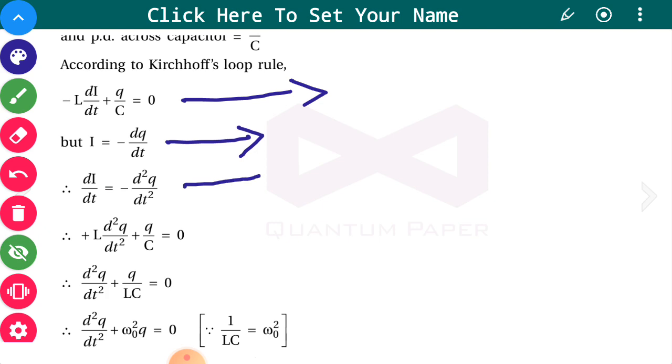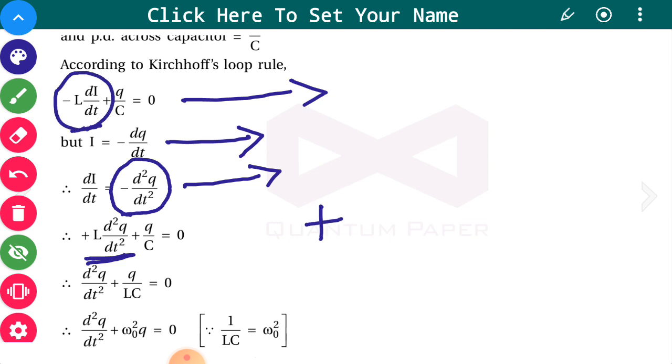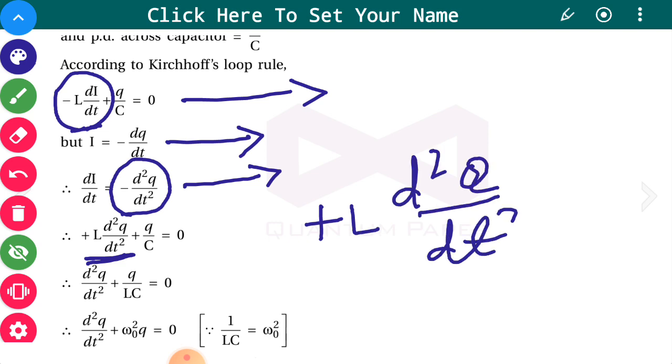Therefore di by dt will be minus d2q by dt2, and if you write this value instead of di by dt, then this part becomes positive: L d2q by dt2 plus q upon C is equal to 0.